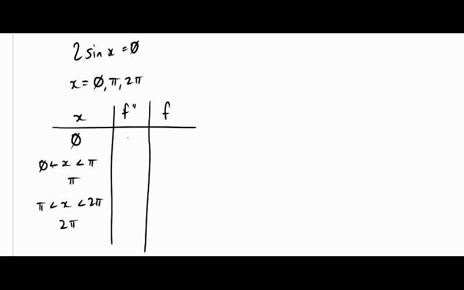Between 0 and pi, I got a nice value that I could use, which would be pi over 2. Sub that into the second derivative, which was 2 sine x, and I'm going to get positive here. And then sub in 3 pi by 2, and I'm going to get negative here. So this is concave up, concave down.